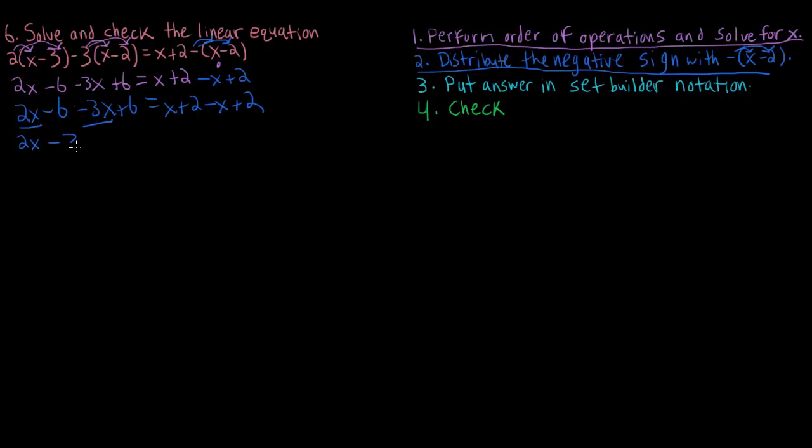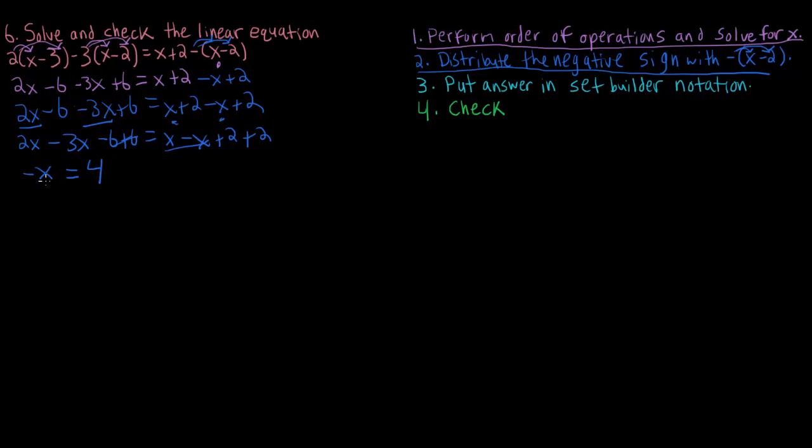So 2x minus 3x and negative 6 plus 6 equals, again, group like terms, x minus x plus 2 plus 2. So we have 2x minus 3x, which is negative x. Negative 6 plus positive 6 is just 0. And that equals x minus x, which cancels it out. And then 2 plus 2 equals 4.